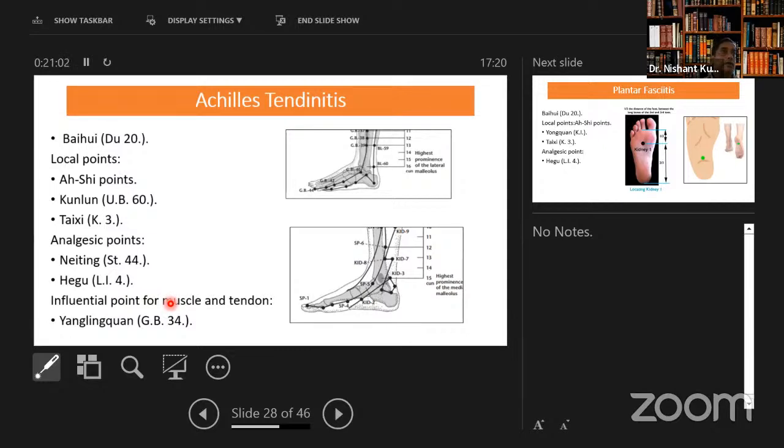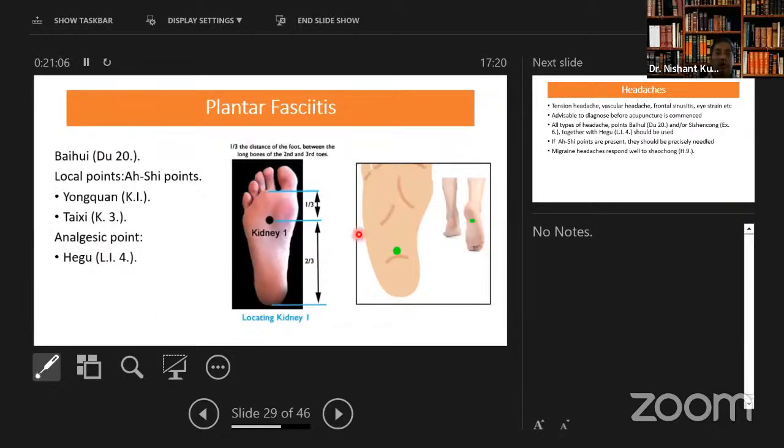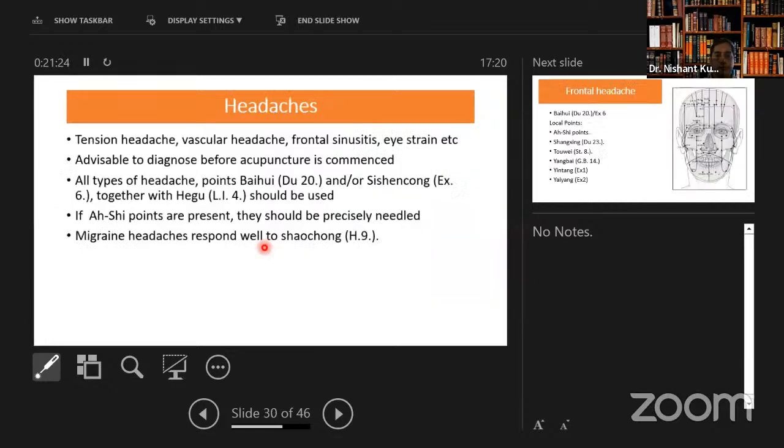So we will go for GB34. Okay. So for plantar fasciitis, you correctly told about the K1 and K3 points. Kidney 3 is just at the calcaneum border, and a very important point for plantar fasciitis. And this is again a very important point for plantar fasciitis. Apart from that, we will use local analgesic points.